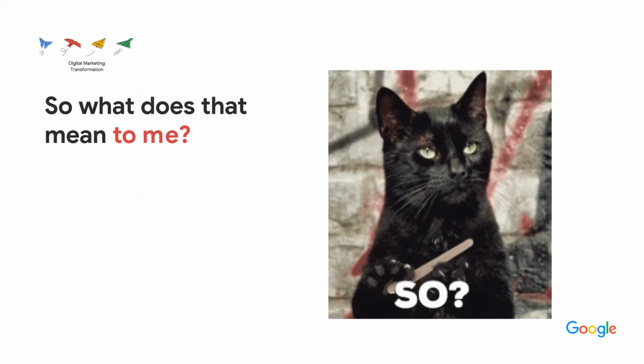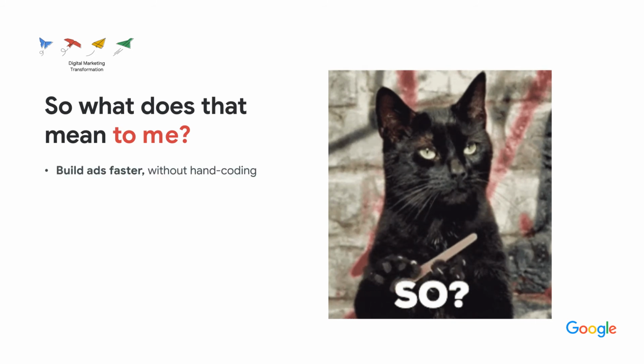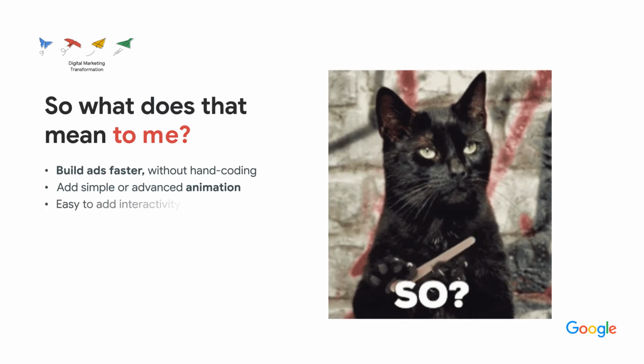So what does that mean for you? You can build much faster, which means you're saving money. You're able to build simple and complicated animations in a simple manner. It's easy to add interactivity. The components are all drag and drop. If you watch the previous video, you'll see how easy that is.